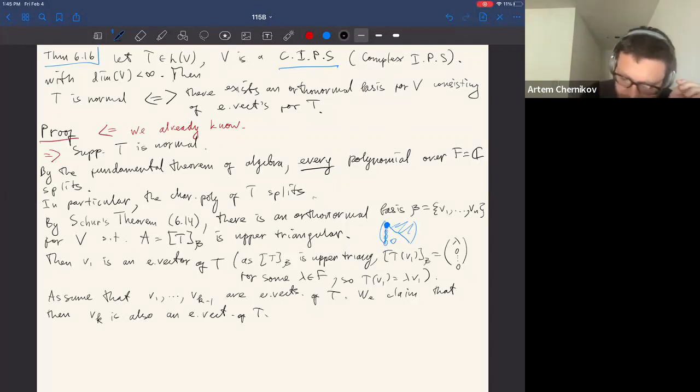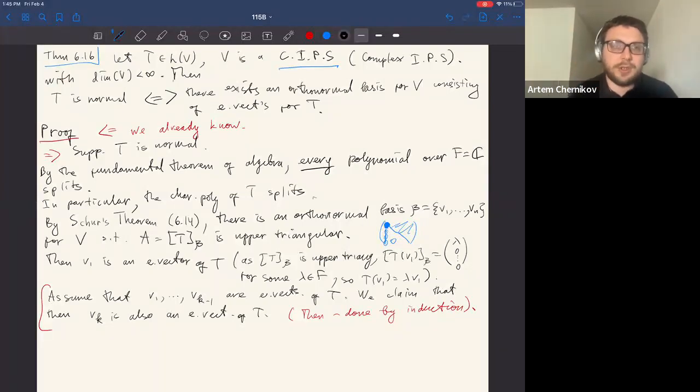So if we can prove this claim, then by induction, we can show that V1 is an eigenvector, then V2 is an eigenvector, etc. So we would show that all vectors in beta are eigenvectors of T and hence we would be done, right? So the whole point reduces to showing this claim now.